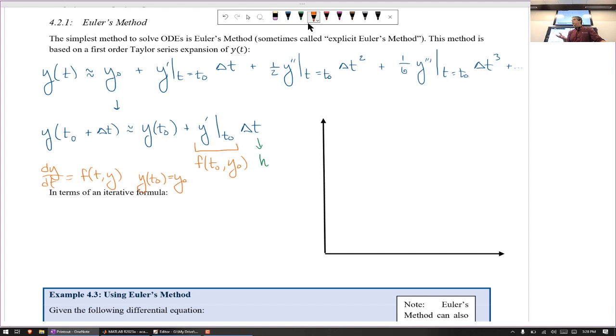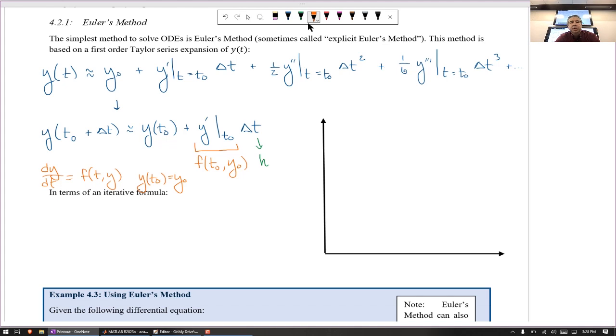So there we have our Taylor series expansion of y about some point t naught. But we could do our Taylor series expansion of y about any point, as long as we know the derivative there and the value of y at that point.